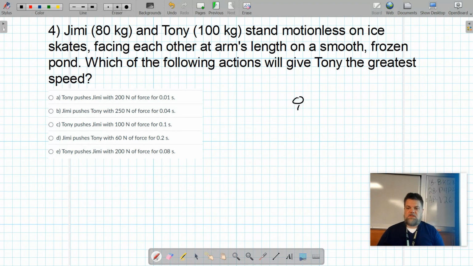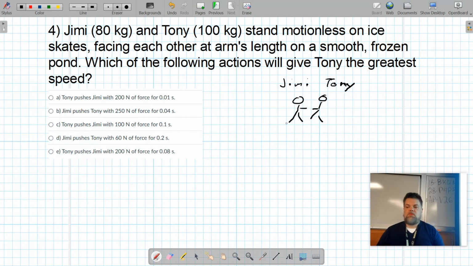So over here, I have Jimmy, and over here, I have Tony. A lot of people want to say, well, if Jimmy pushes Tony, right? They're on ice skates.